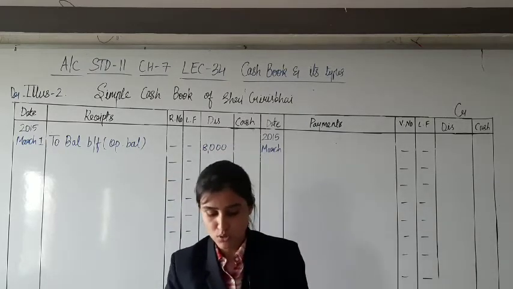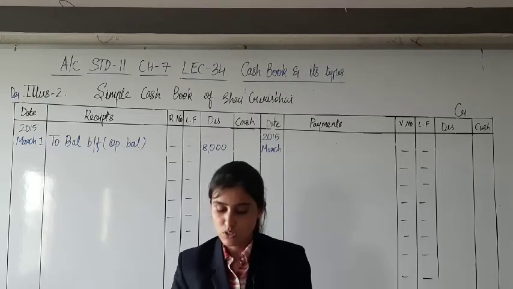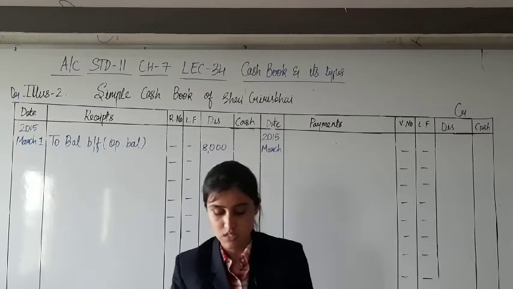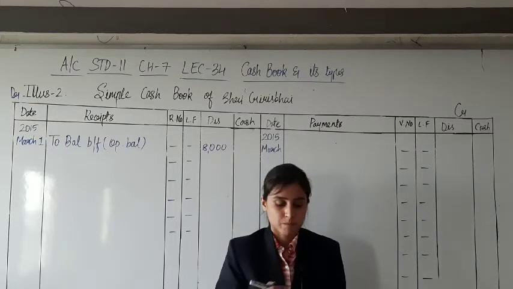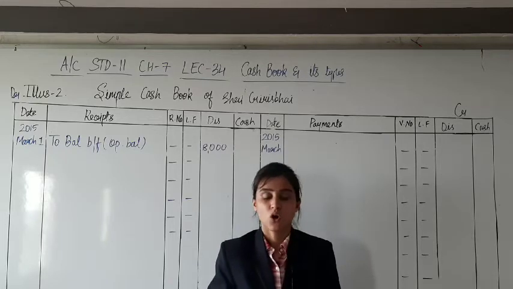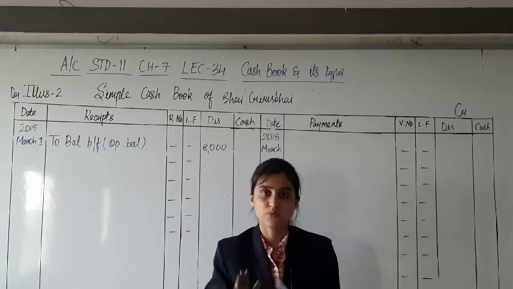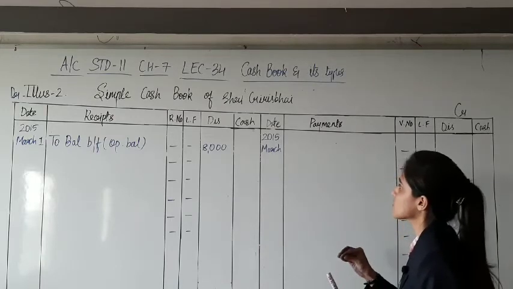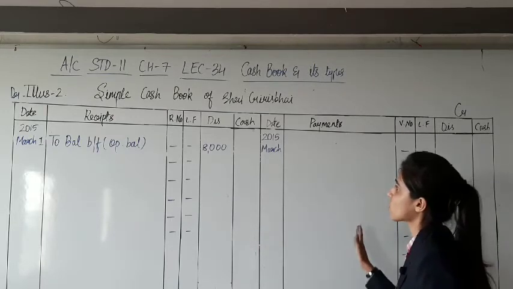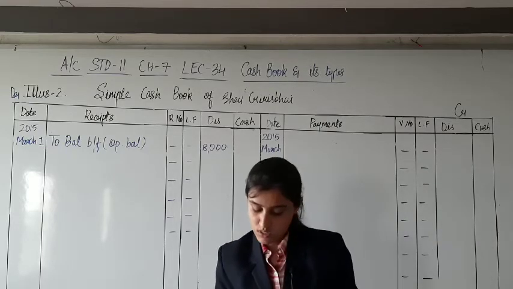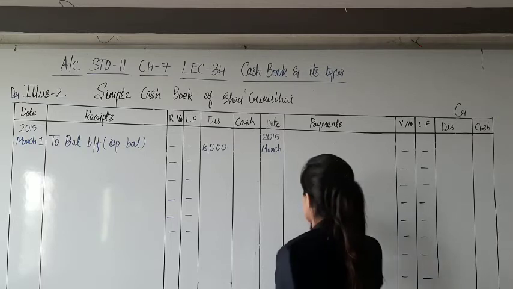Next, on 4th of March, goods of rupees 6,000 purchased at 10% trade discount. Goods have been purchased of rupees 6,000. So, first of all, you will have to pay. So, one thing is for sure, that this transaction is to be recorded on payment side, and goods have been purchased on 4th of March.